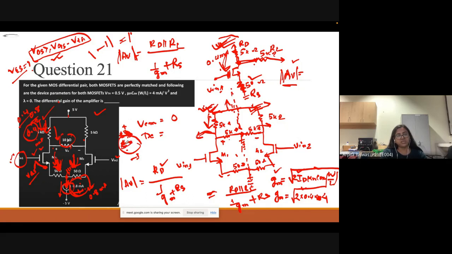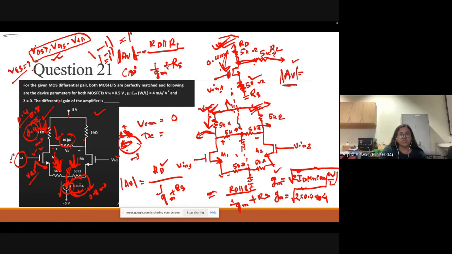Here also, when there is a phase shift of 180 degrees, we write it as a minus. And when we take the magnitude of a minus sign, it can be written directly as positive, so there is no need to write minus or plus.